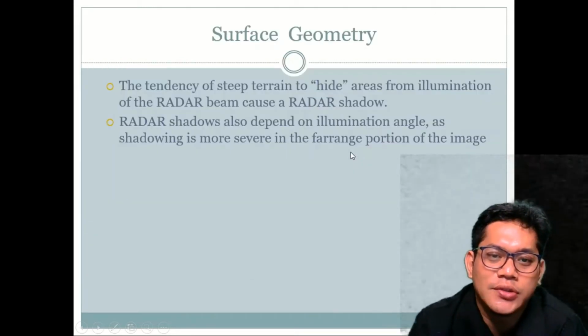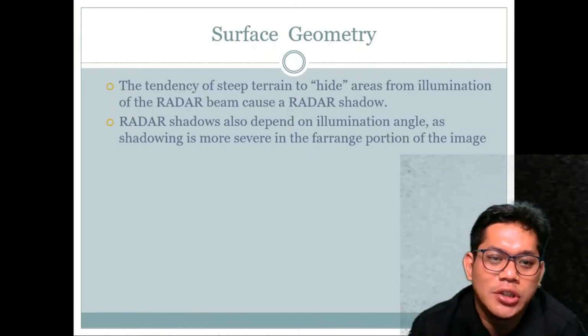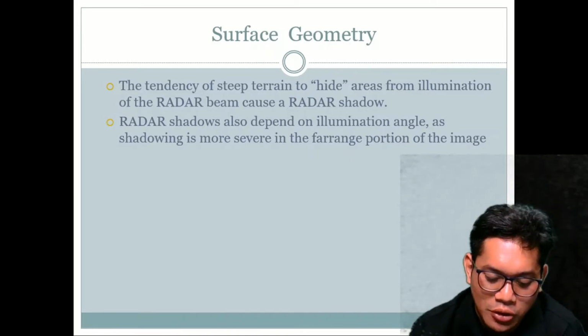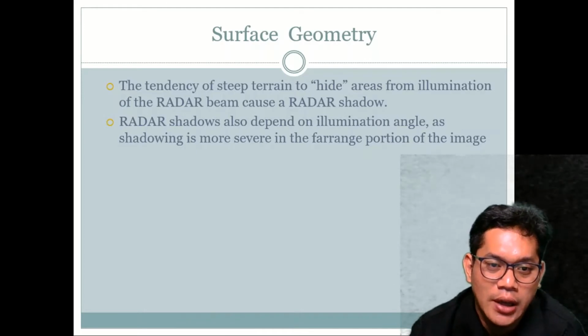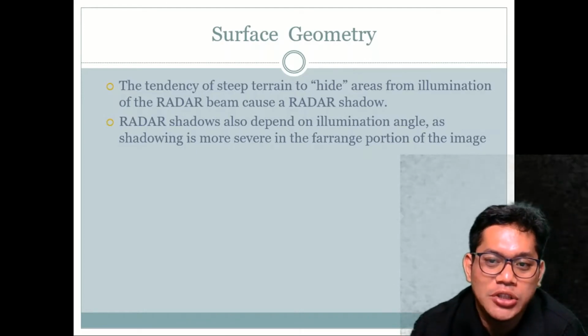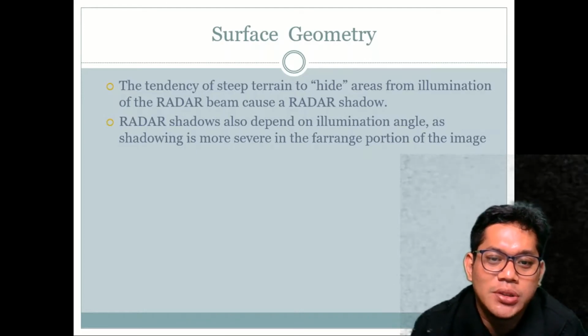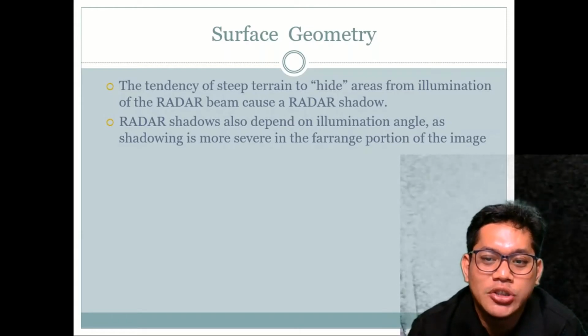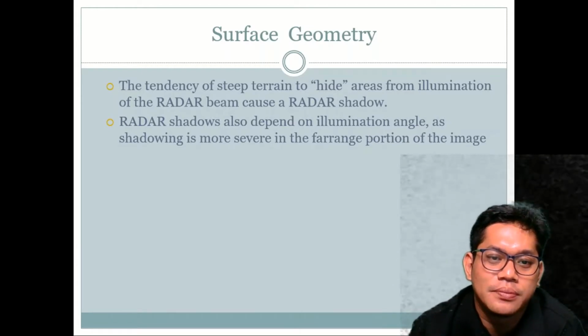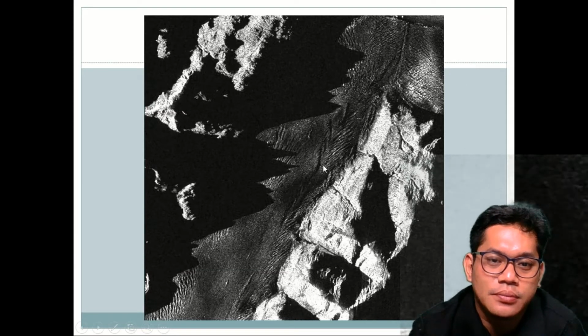So the tendency of steep terrain to hide areas from illumination of the radar beam causes what we call a radar shadow, and this radar shadow also depends on illumination angle, as shadowing is more severe in the far range portion of the image, like this. Okay, so from here, basically this shows the direction of the radar system, right?